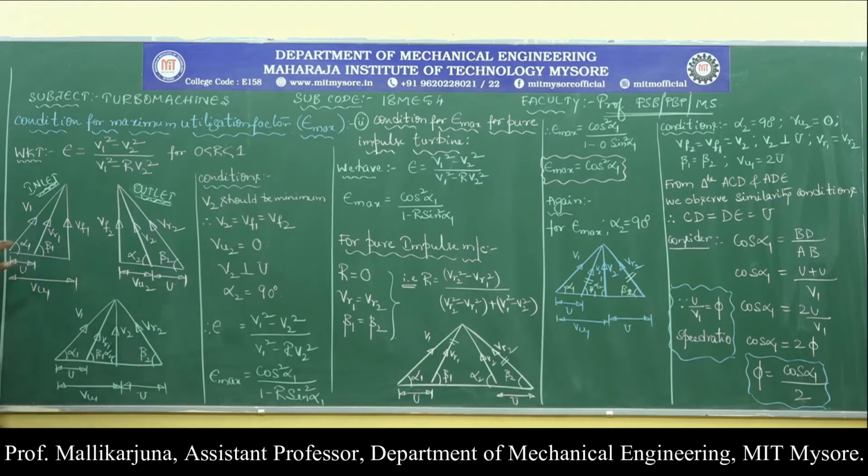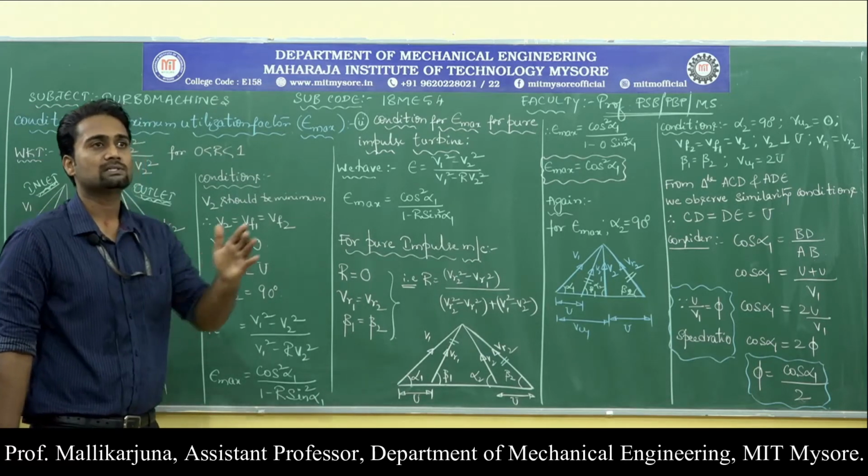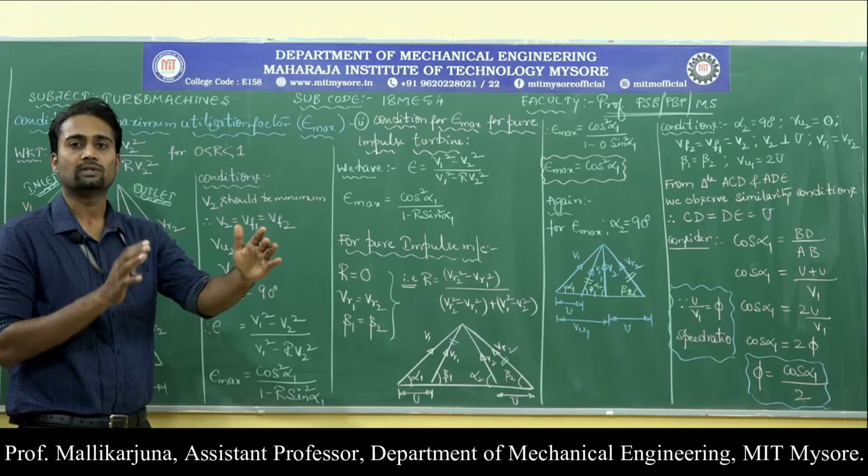Now if we look at the velocity triangles for this particular situation, the inlet velocity triangle looks like this and the outlet velocity triangle looks like this. Please concentrate on the inlet velocity triangle, wherein the main component is V1, which is nothing but the absolute velocity of the fluid striking the blades of the turbine.